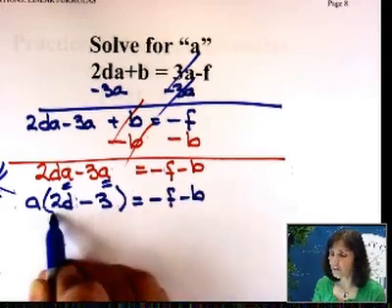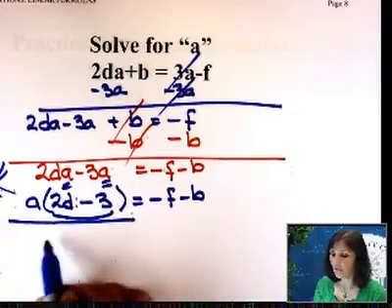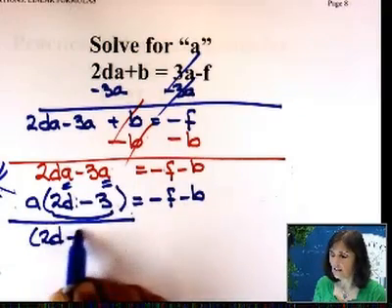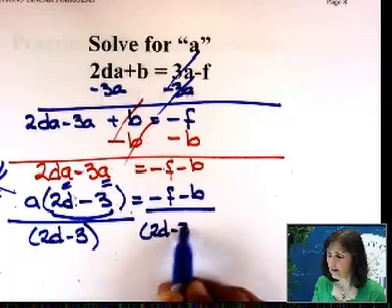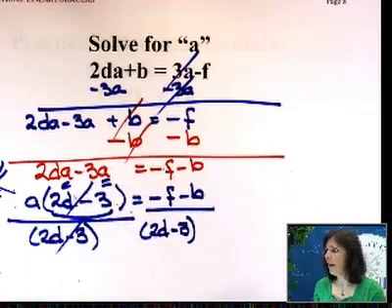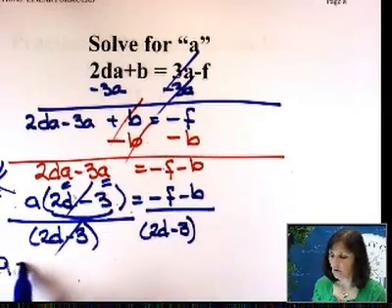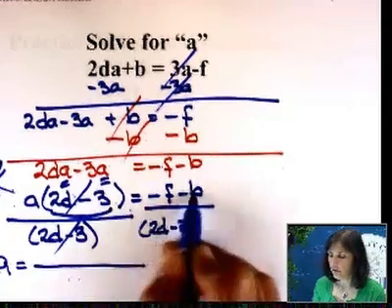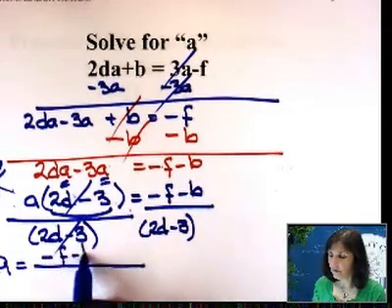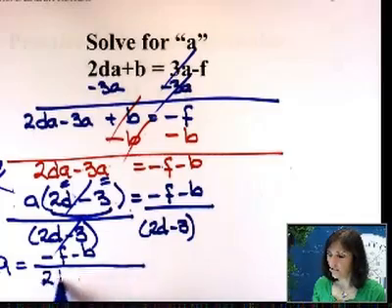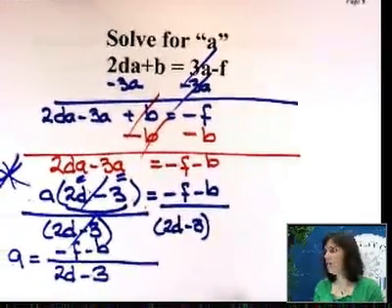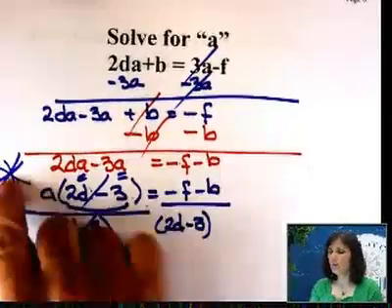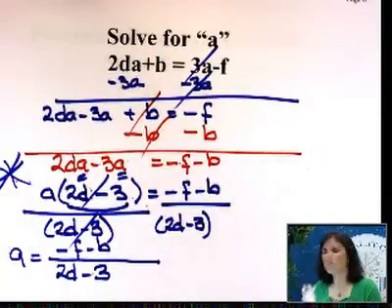This whole thing is now the coefficient of A. Divide both sides by that so that you get rid of it. So let's write it nice and neat. You have A equals bar, the top negative f, negative b, and the bottom 2d minus 3. Okay? So this one is a little bit crucial. So that asterisk step, make sure you understand that.